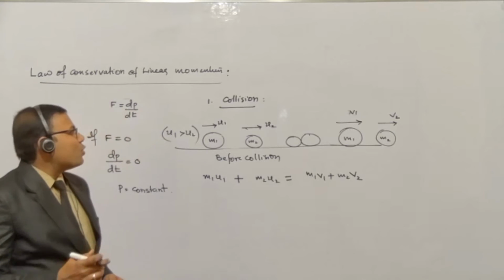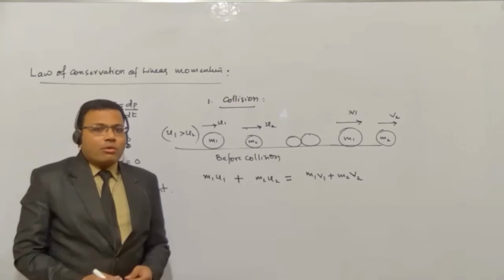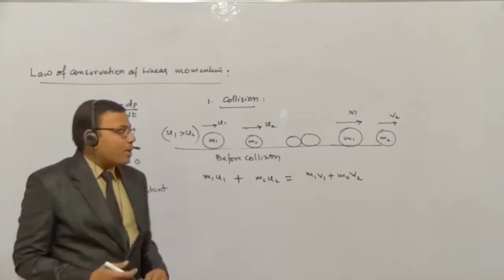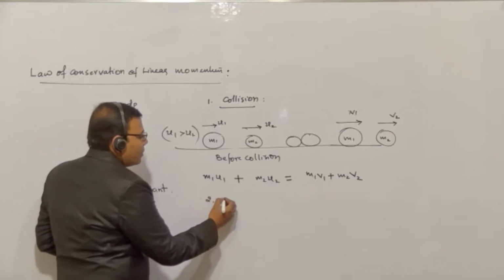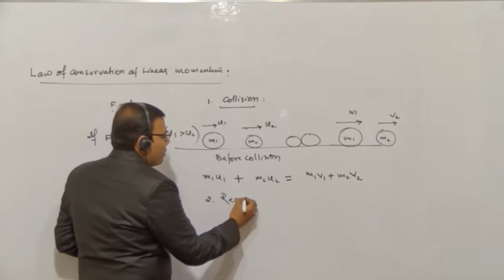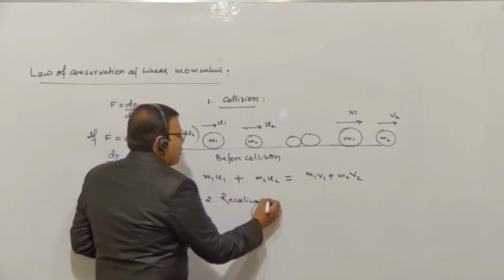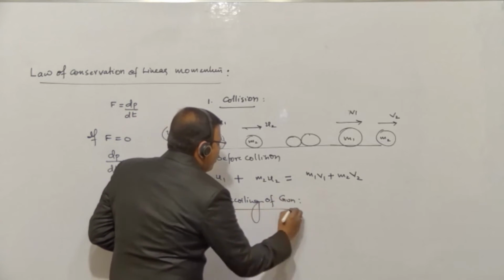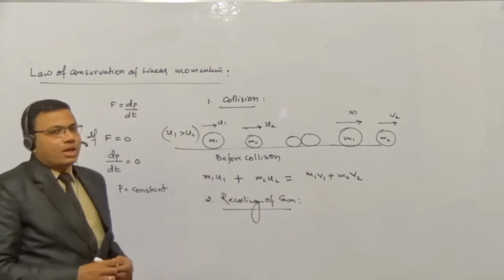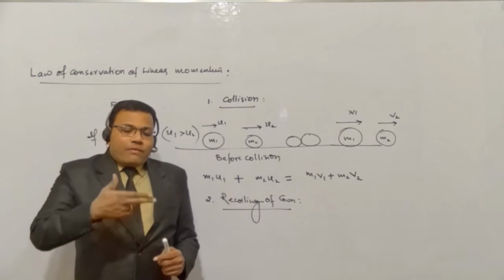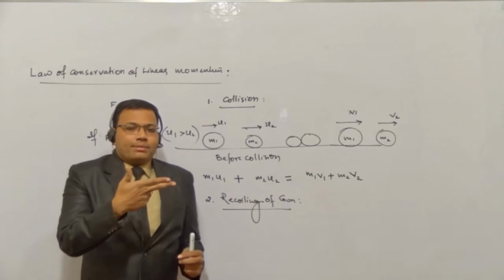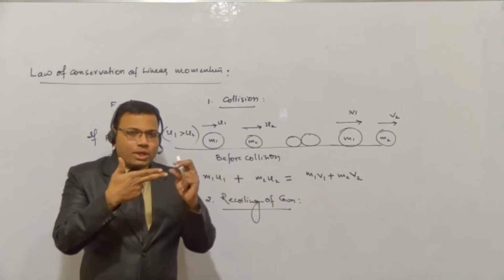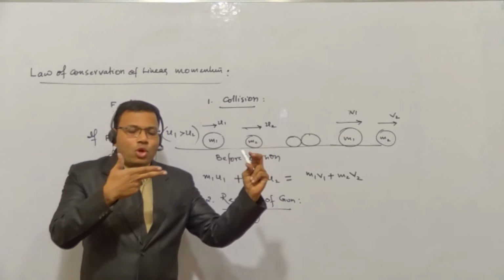Now students, let us go to the recoiling of a gun. Second example I am giving. What do you mean by the recoiling of a gun? See, when a bullet is fired from the gun, this is the bullet, when it comes out, what happens?